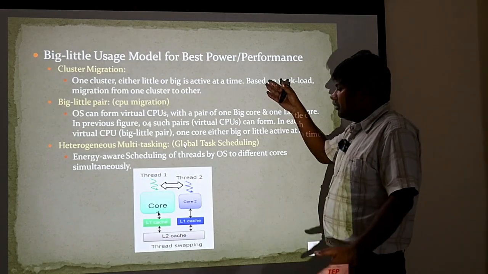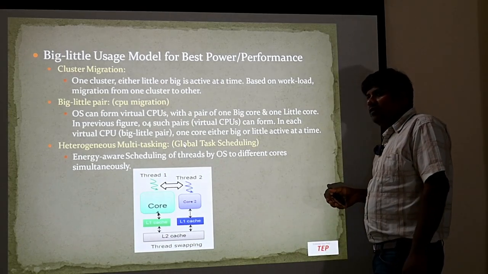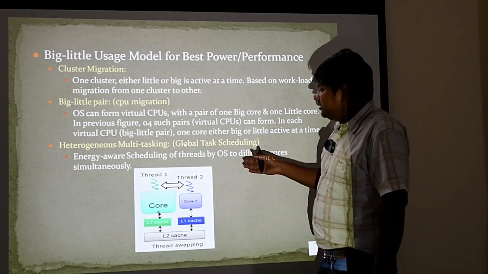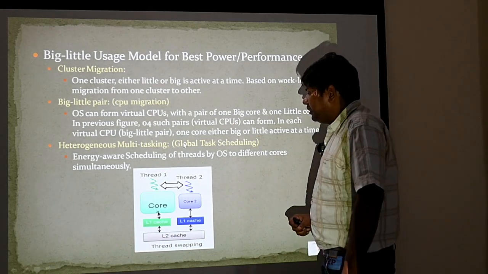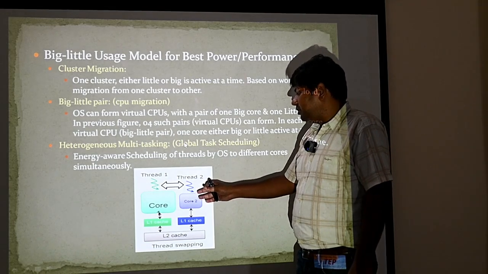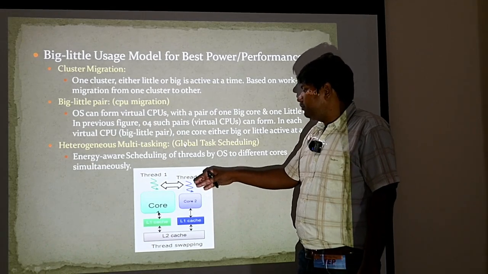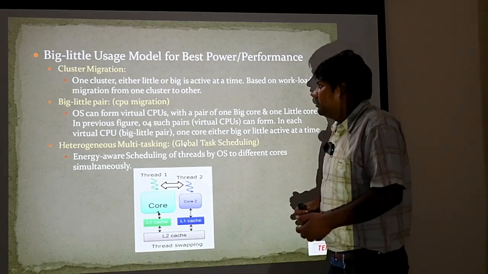Suppose a workload is running on little, and the threads which are running have performance requirements that need a higher frequency. Then the workload switches completely from the little cluster to the big cluster.